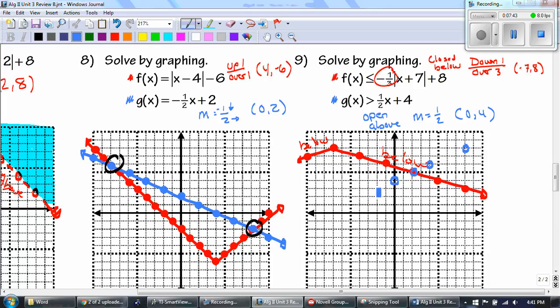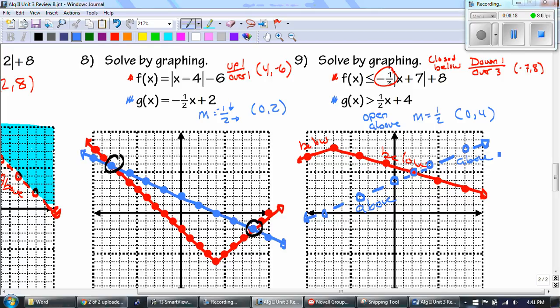Okay, I'm going to erase some of these in a second just so you guys can see my dashed line. Okay, and here we go. And for this guy, I wanted to shade above.